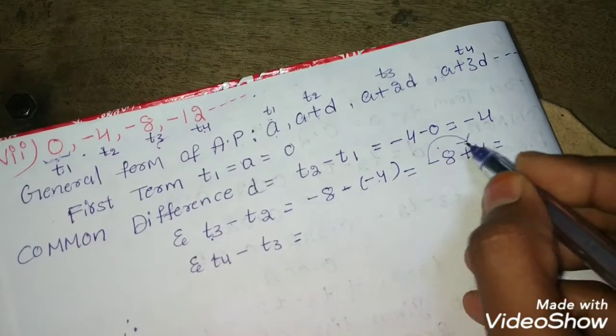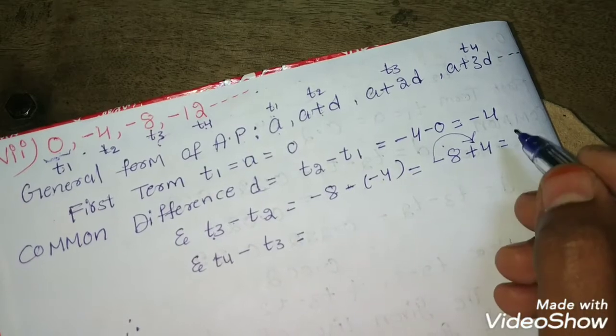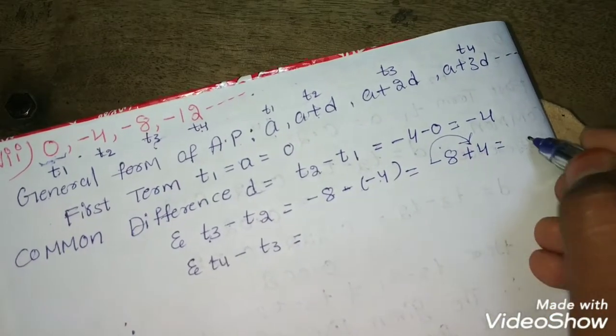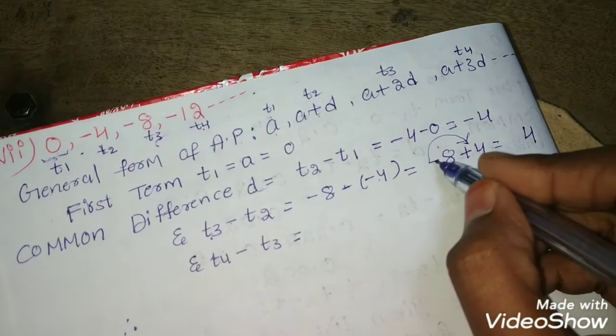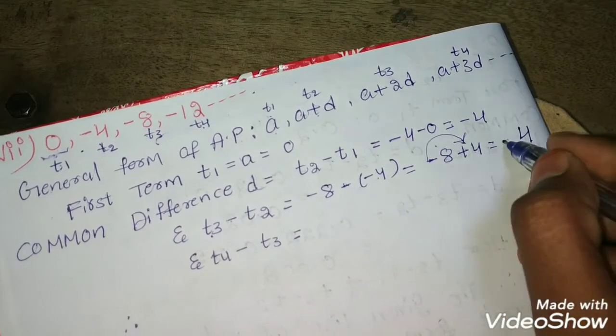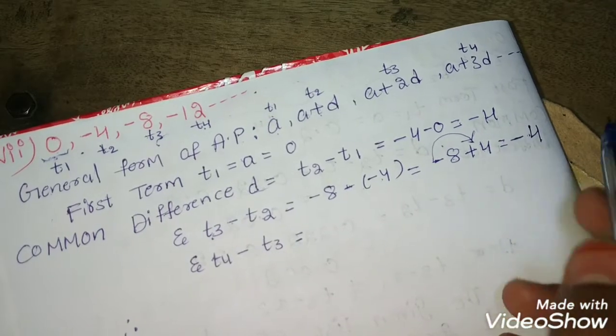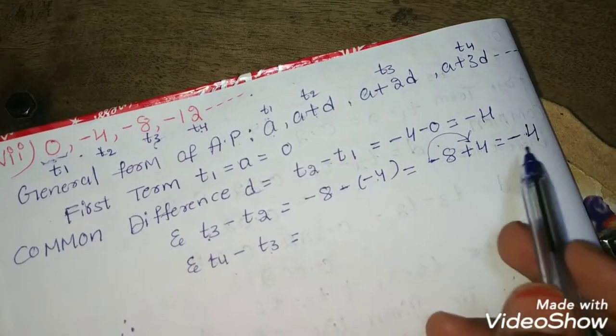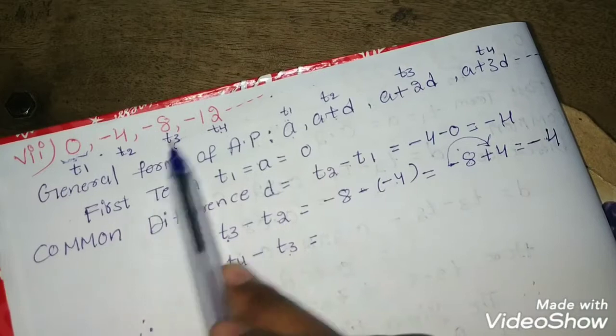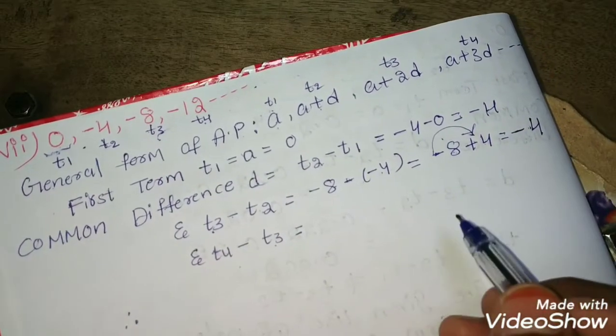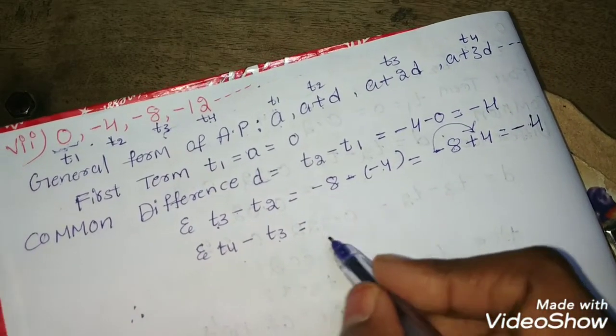Minus into plus is minus. 8 minus 4 we get 4. In front of 8 we have a negative sign, so we keep negative. We get minus 4. See, the result is the same. If t4 minus t3 is also minus 4, then this series is an arithmetic progression. Otherwise not.